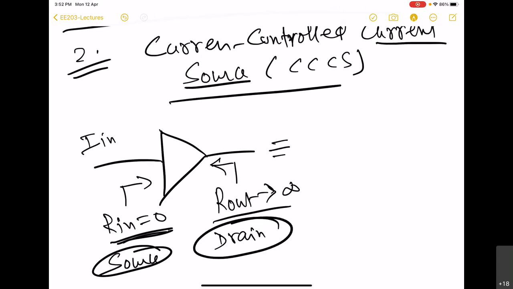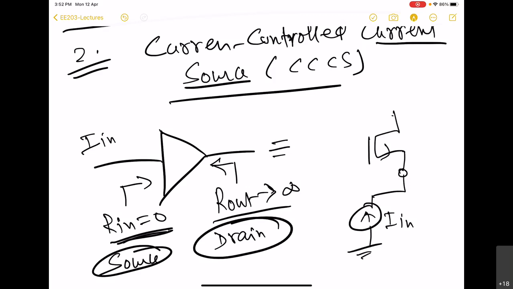So if you see the circuit, we have this source, and it will be excited by a certain input current, and on the output side we will of course have this output current. R out is going to be R naught, that means very large.